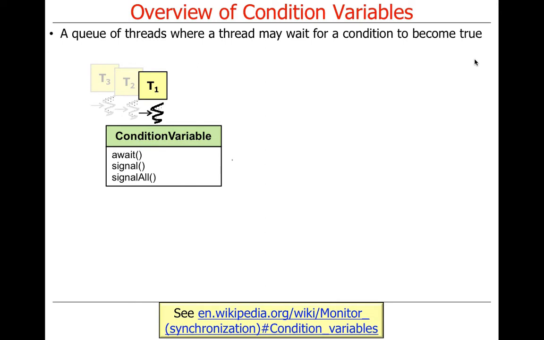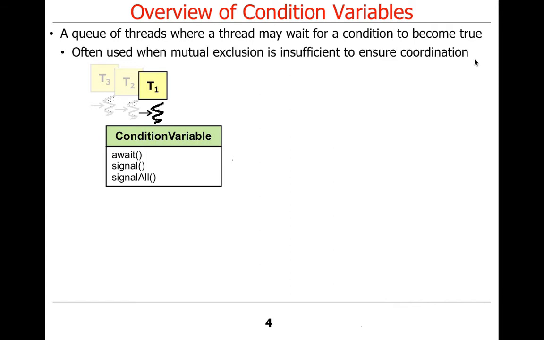If you take a look, there's some discussion about so-called condition variables. We're talking first about the concept of conditions before we talk about Java's implementation. They're often used in situations where mutual exclusion alone is insufficient. Why would mutual exclusion be insufficient? What class of problems are not solved by mutual exclusion?